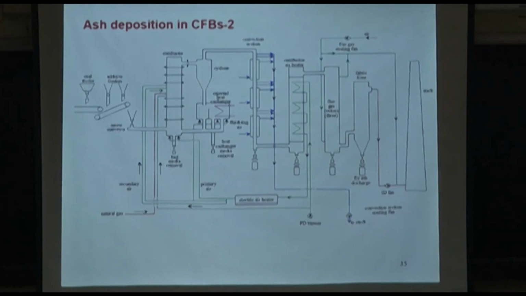You just open it, and it drains part of the bed, not a lot of the bed, because then the temperature will drop substantially, and then you replenish the same amount of ash, same amount of sand through the hopper. That's what is done in a normal commercial fluidized bed anyway. So you drain part of the bed from time to time, and then you replenish a similar amount through the feeding system. Okay.